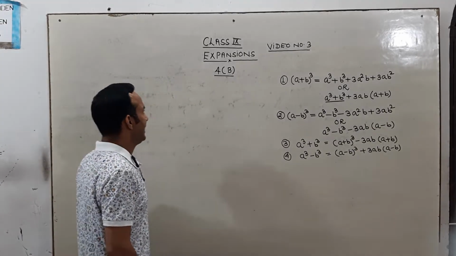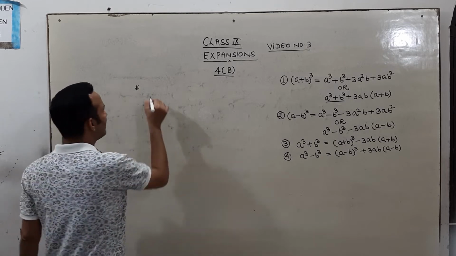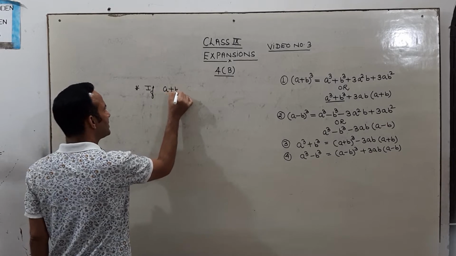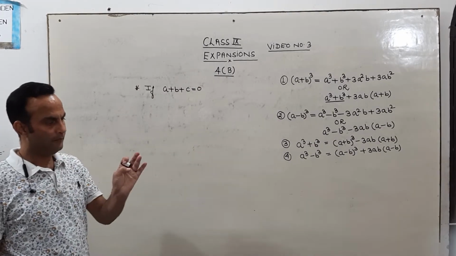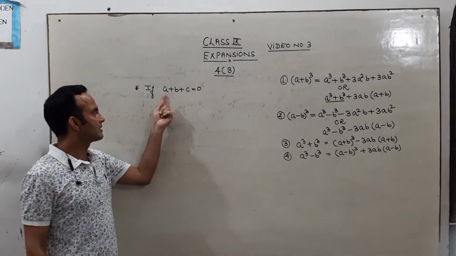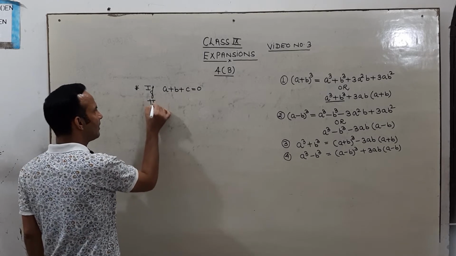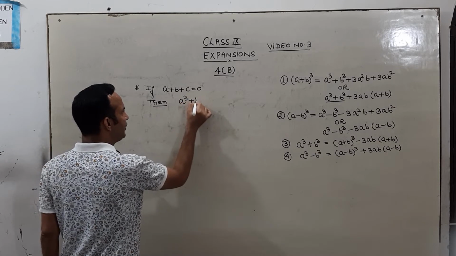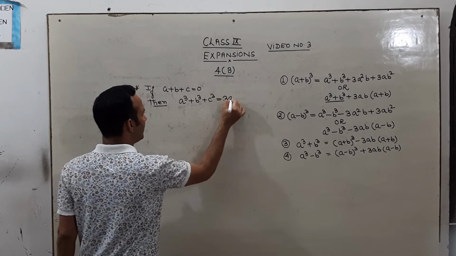Now, my dear students, one of the most important properties I am going to tell you. See, if a + b + c is equal to 0, let us suppose that a, b, c are any three numbers and the sum of these numbers is 0, then always remember that a cube + b cube + c cube is equal to 3 times abc.